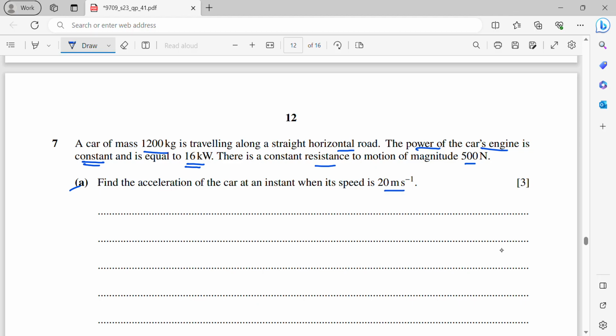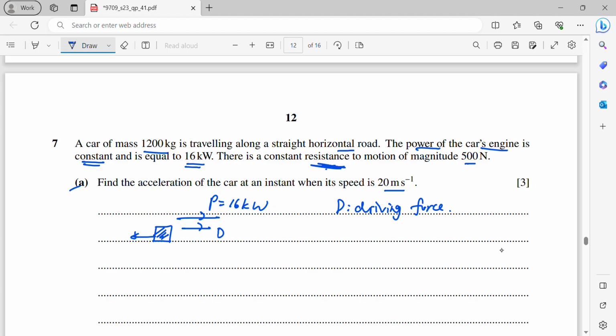Okay, let's say for example this is the car. So we know that the power is the P. Alright, P is 16 kilowatts. And then it has driving force, D. Alright, let D be driving force. And then don't forget, there is a constant resistance of 500.